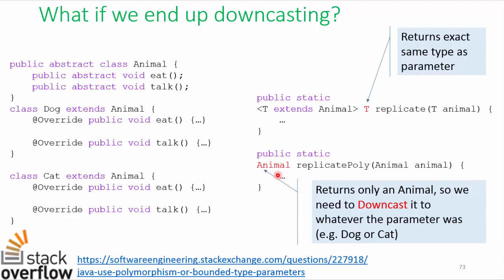Well, the problem is to be able to use that reference, if I passed to my replicate poly method a reference to an object of class dog, I'm going to have to cast the return value into class dog, and I'm going to have to do it by hand, so that once the method is done replicating the object and returning to me a reference to a new object, it's still a dog object, and I can use it as such.